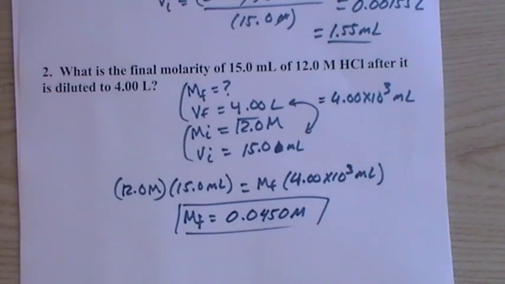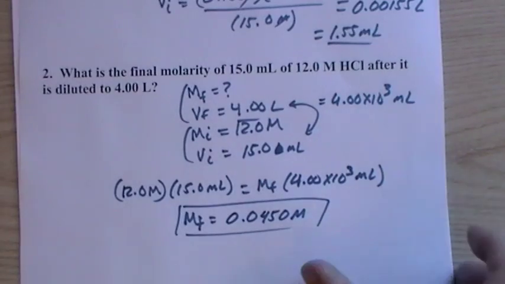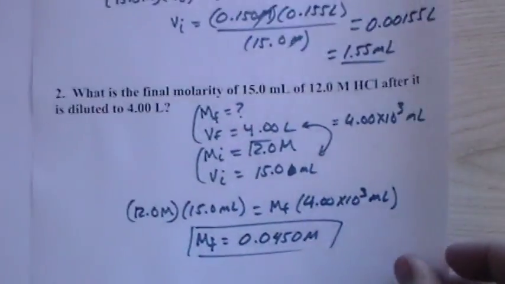It should be a very small number because we've diluted this thing by, let's see, 267 times. Since we diluted it by that much, it should really drop drastically. All right. And I'm probably going to have to change this marker, it's kind of bleeding through, but let's finish out this lecture.